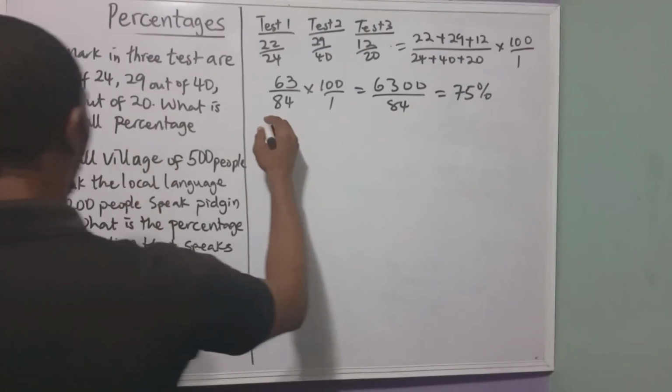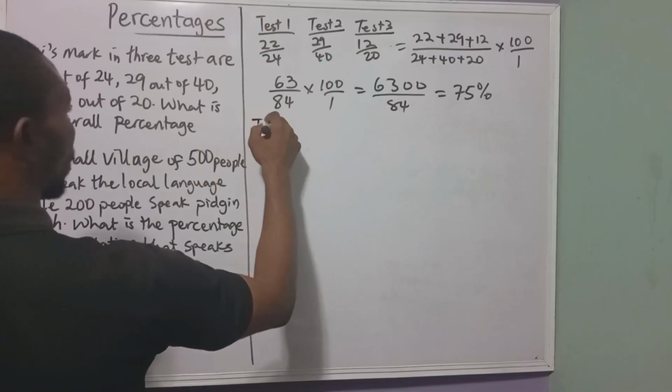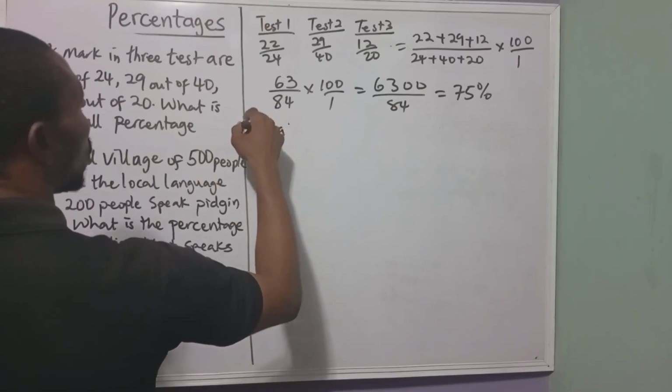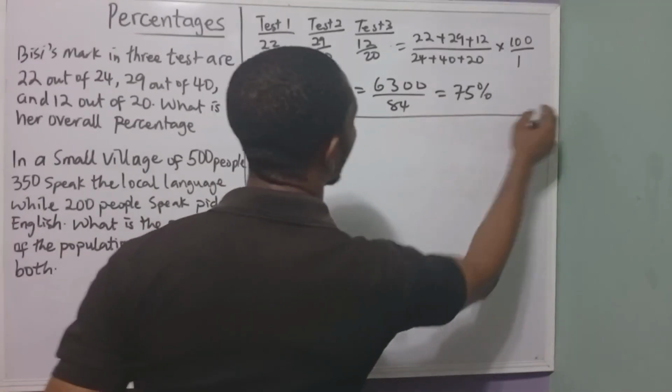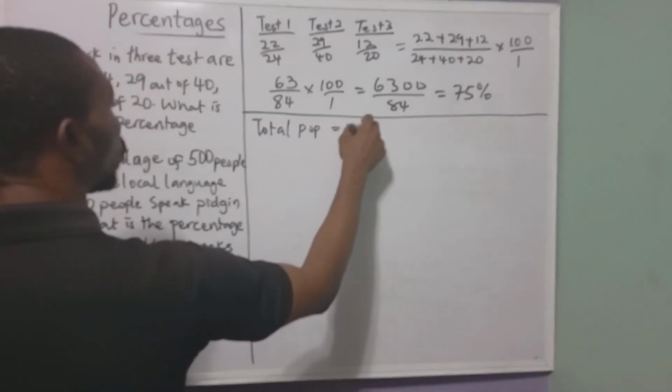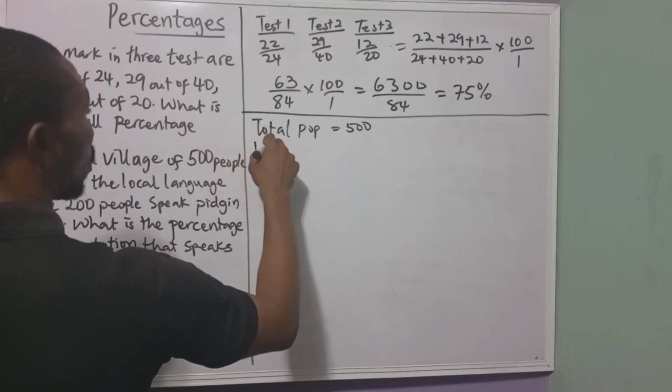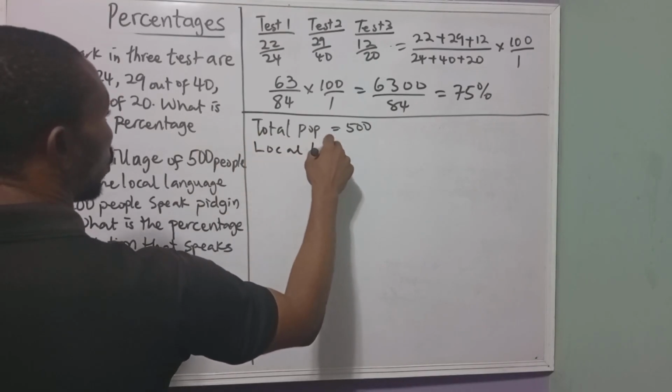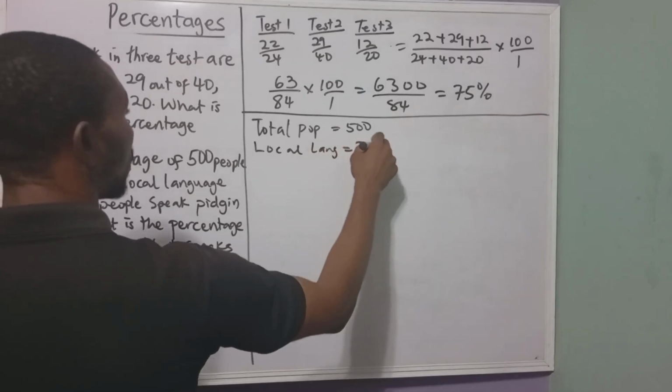Now, in order to have this, we have the total population as 500, and our local language is 350.